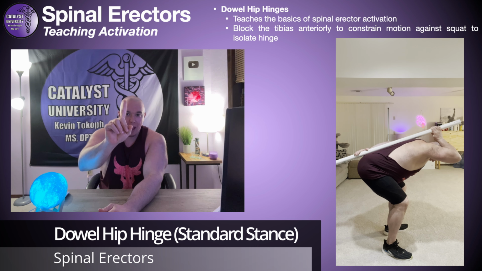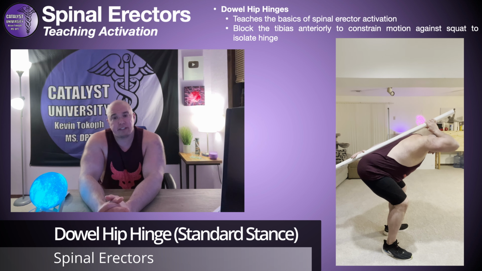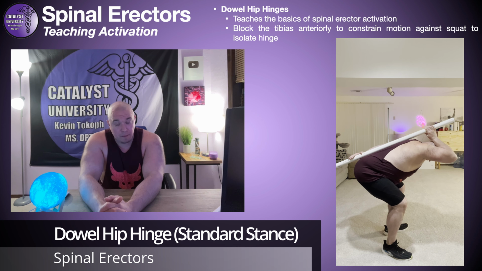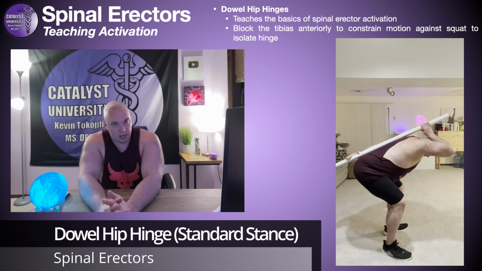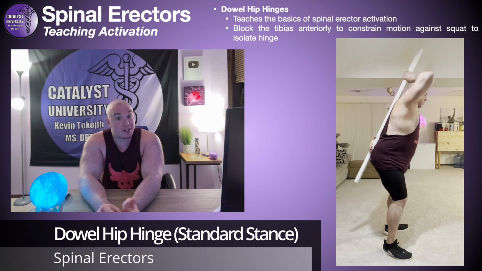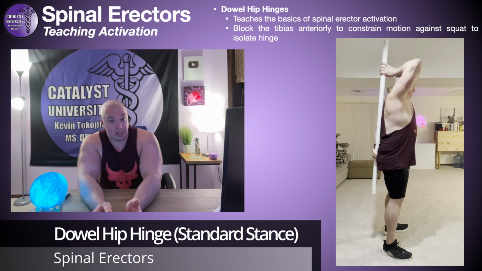But you want to keep 2 points of contact with the stick the entire time. One point is the upper back, around the region between the shoulder blades. And the second region, for lack of a better phrase, is the top of the butt crack. If you don't keep those 2 points of contact, what you tend to see is the bottom portion of the stick at the butt crack comes off, and that results from excessive lumbar flexion.